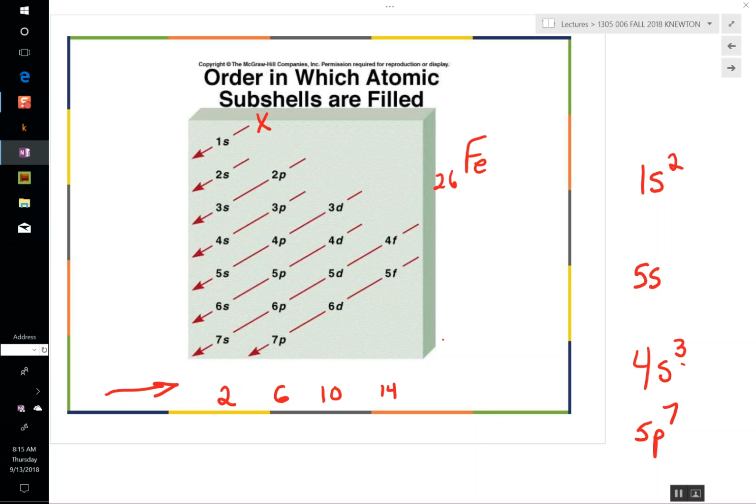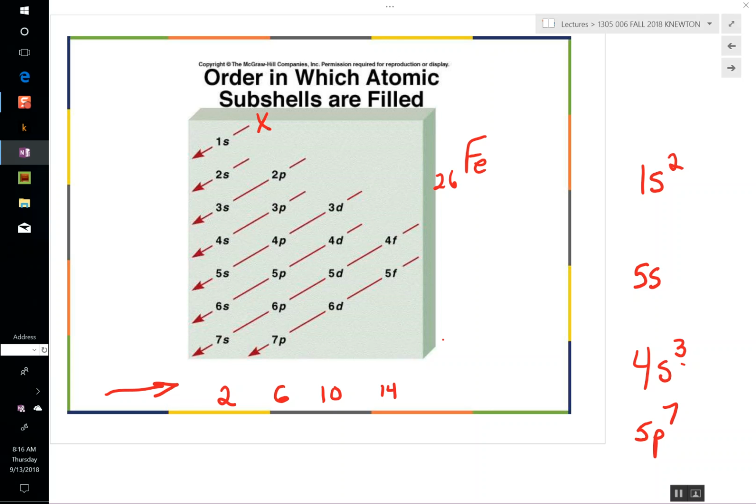So you start by writing the element on this side, and the number of electrons. It starts with 1s1, and each sub-level has a certain amount of electrons that it can hold.